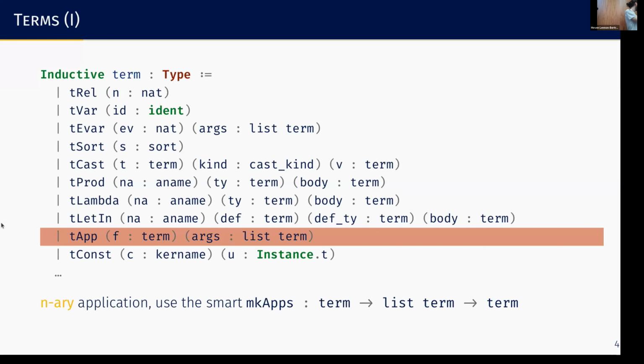On the kernel side, it's very important for efficiency reasons because you can easily get to the head of the whole application, and that's very useful in a lot of settings. It's not here, but we have a smart constructor that does the smashing of different lists if it hits the right thing. So you probably don't want to access the tApp thing directly. There's a thing called mkApps, I think, which maintains this invariant for you when you want to use applications, so that you don't have to think about it.